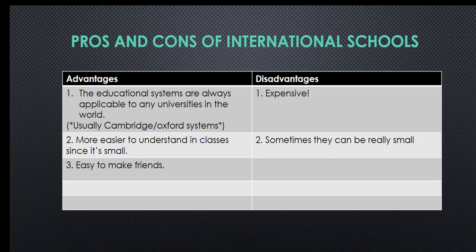Number 2, sometimes they can be really small. Opening an international school is already a type of business for many international people. They come to Malaysia, and if they have enough money, they open up international schools for fun.